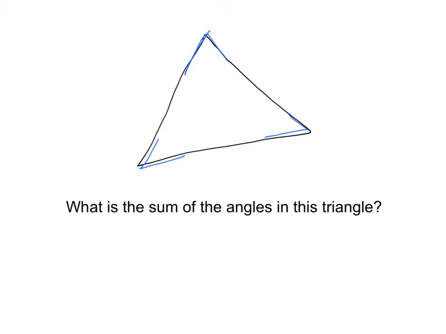Yeah, so we're going to add up all 3 angles. And what would the sum of all 3 angles in this triangle be? Go ahead and tell your partner. 180. So the sum of the 3 angles in a triangle is always 180 degrees. Okay? Very good.